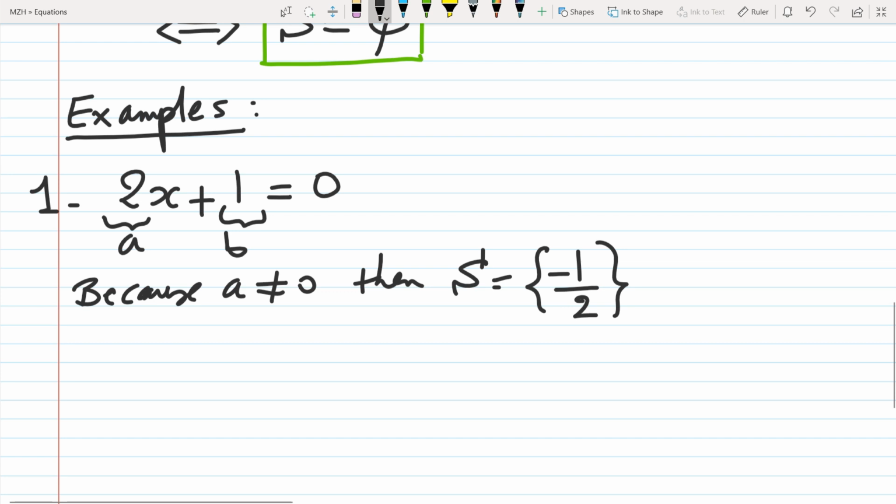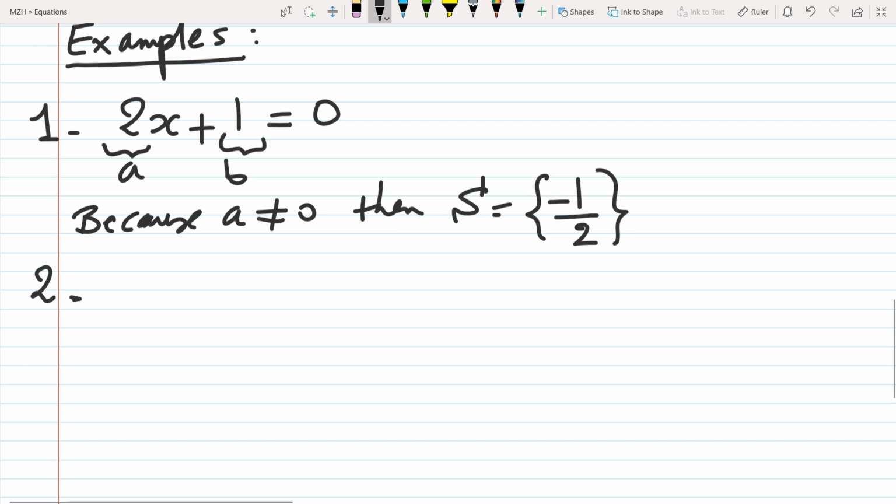Or you can do the steps that I described in the beginning of the video on how to derive that x is equal to minus 1 over 2. You can subtract 1 from both sides, and then you get 2x is equal to minus 1. And then from there, you can divide by 2, and then you get x is equal to minus 1/2.